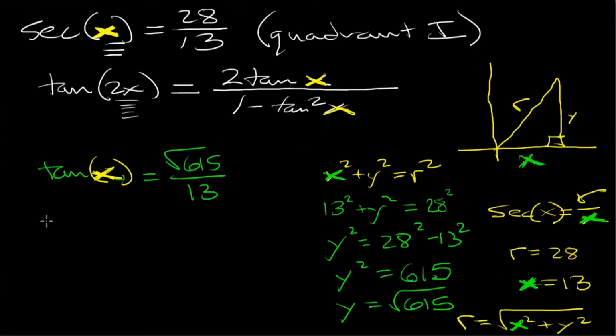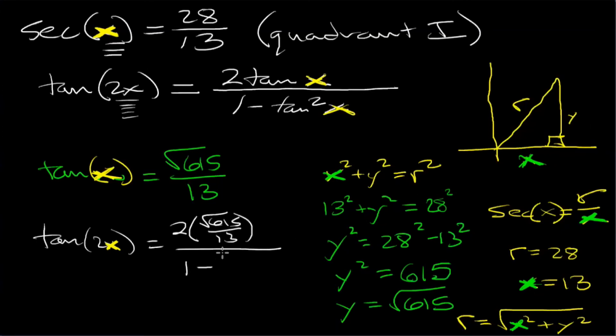Now I can calculate tangent of 2x using this formula. So tangent of 2x, and this is not x, the adjacent side, this is x, the angle, is equal to, and now we're going to go and calculate these out. So 2 times tangent of x, which tangent of x is this, and then 1 minus tangent squared of x. Well, this is actually going to work out pretty nicely because it will get rid of that square root.